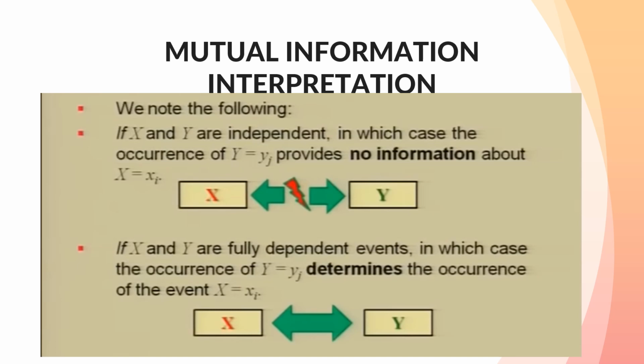That is represented here. Now, if X and Y are fully dependent events, then I can find out what is X given Y and vice versa. Hence, there should be some relationship between X and Y. That is, there should be dependent events in order to find out mutual information between two events.